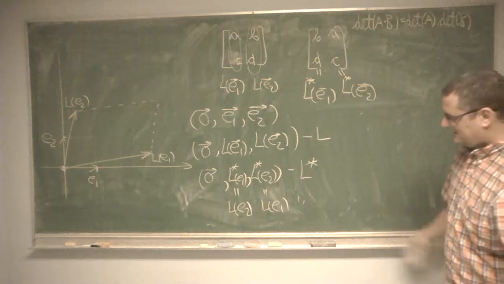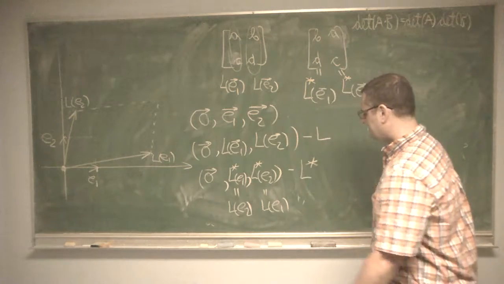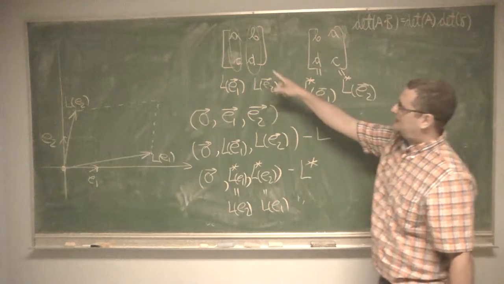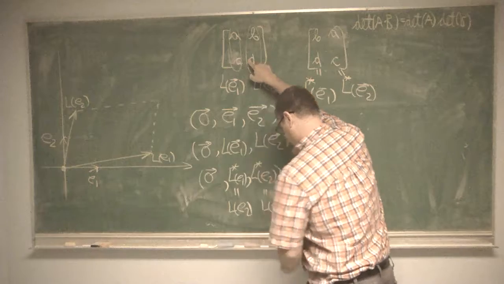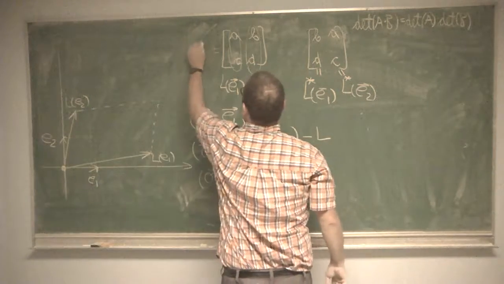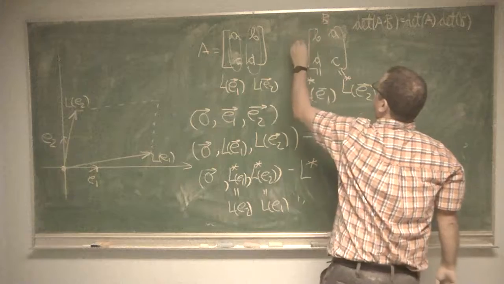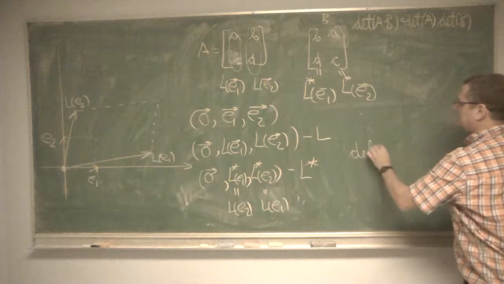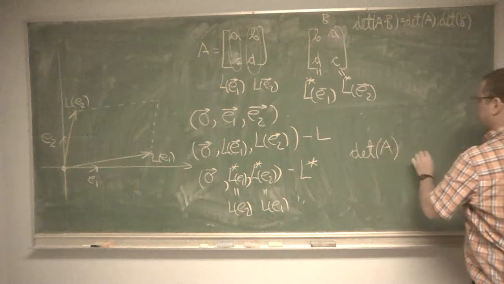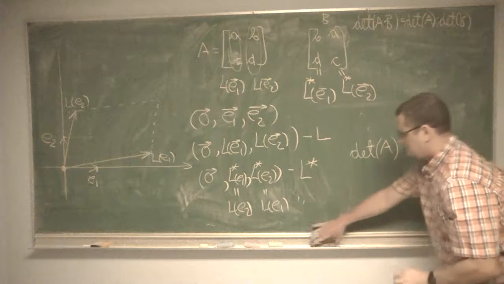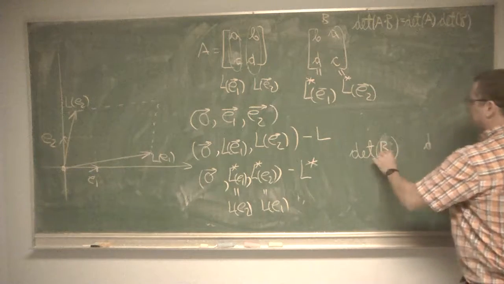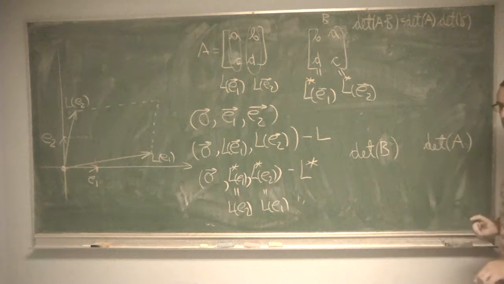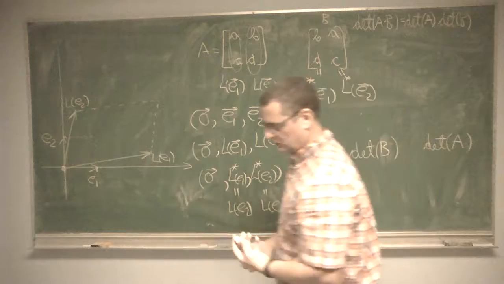In any case, that means the determinant of the matrix represented by L, which I will call matrix A, and this is my matrix B, have different sign. The determinant of B has the opposite sign of the determinant of A because they represent transformations which are of opposite orientation.